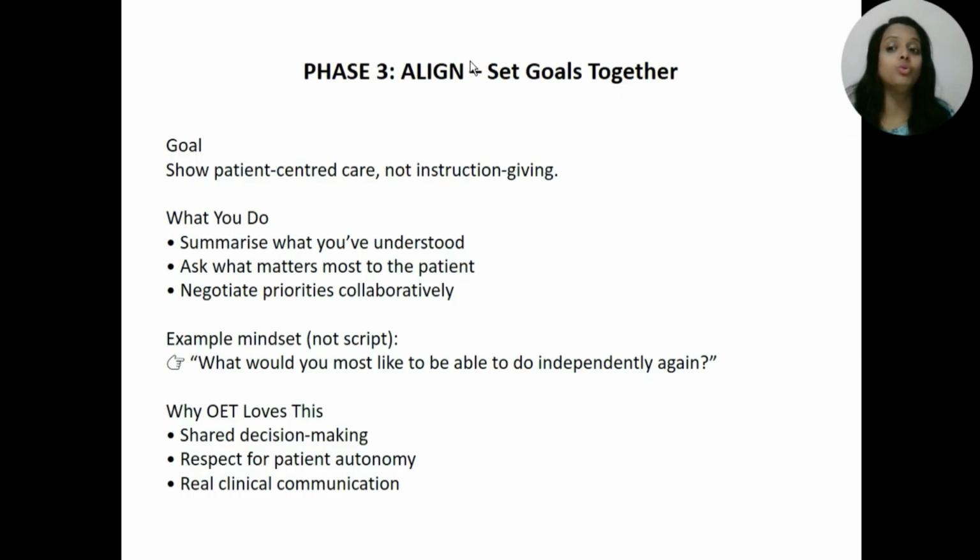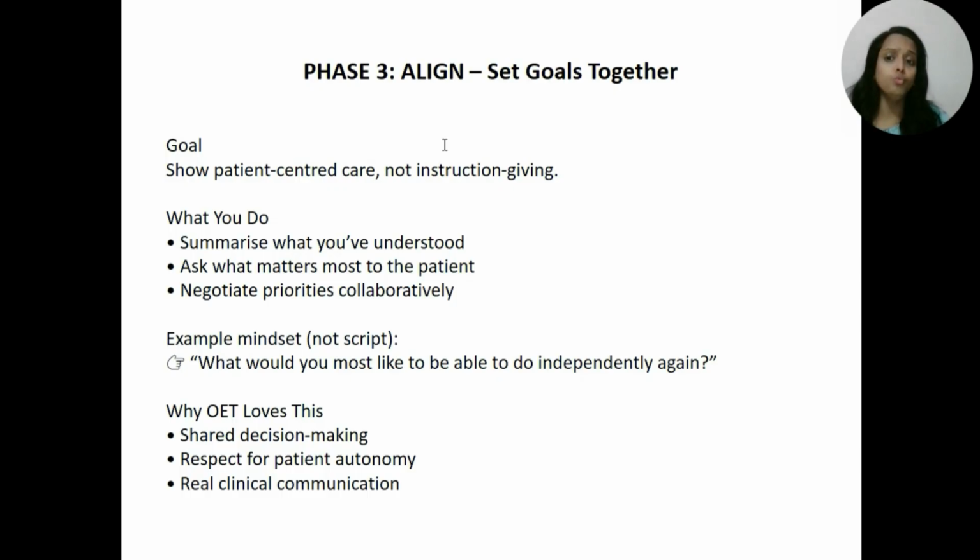In this phase, the objective is to show that you are providing patient-centered care, not just instruction giving. So what you do here is summarize what you have understood. You ask what matters most to the patient and negotiate the priorities in a very collaborative way.